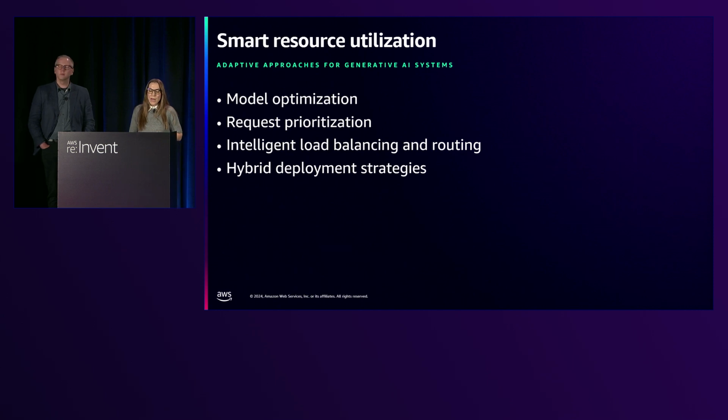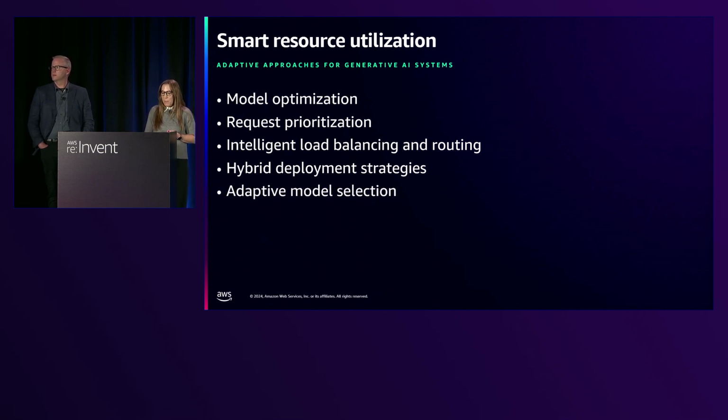We can combine edge computing for low latency, high volume requests with more distributed processing across maybe AWS availability zones or regions for those more complicated tasks. We can dynamically choose between different model sizes or architectures based on current load and request characterizations.